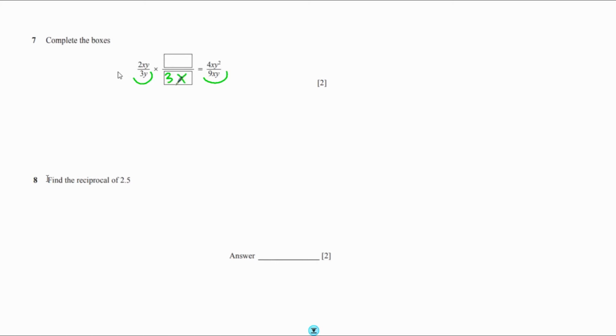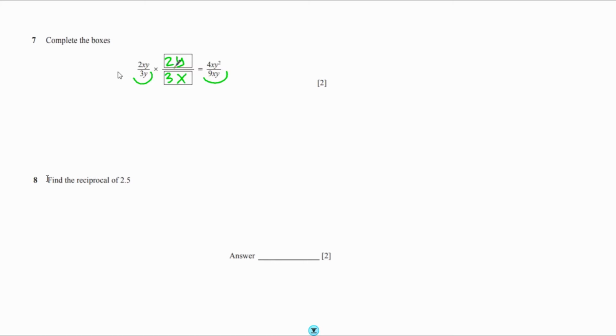So 3y times 3x would be 9xy. In the numerator, 2xy times what gives 4xy squared? Again, 2 times 2 gives 4. We already have the x, and we need another y. So 2xy times 2y would be 4xy squared.